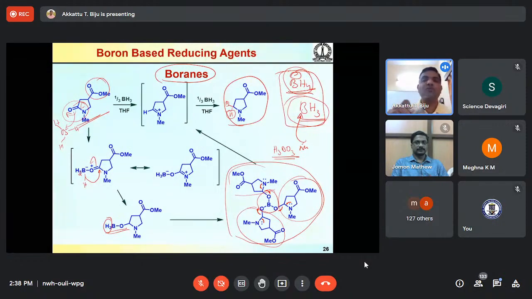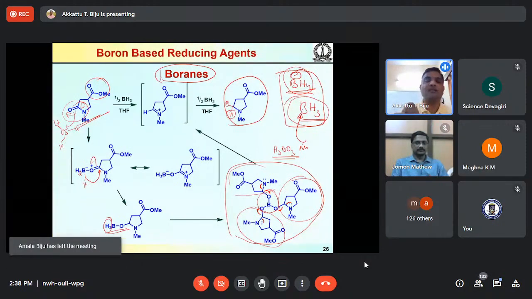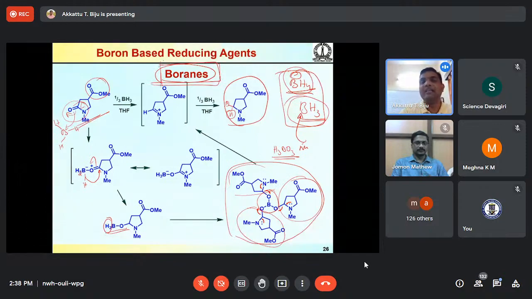So one of the most remarkable applications of borane is in regioselective, or rather enantioselective, reduction reactions. If you remember, yesterday we discussed the reduction reactions. The important aspect of a reduction reaction is that we convert a flat molecule to a tetrahedral molecule.